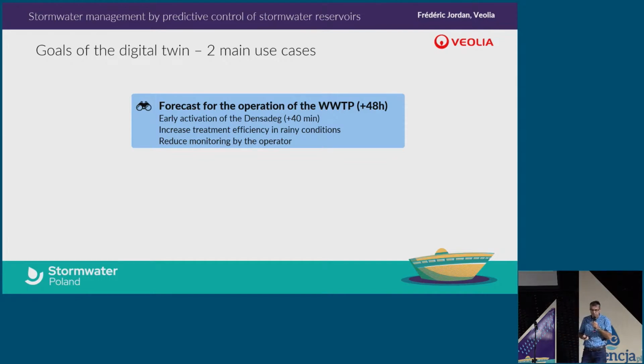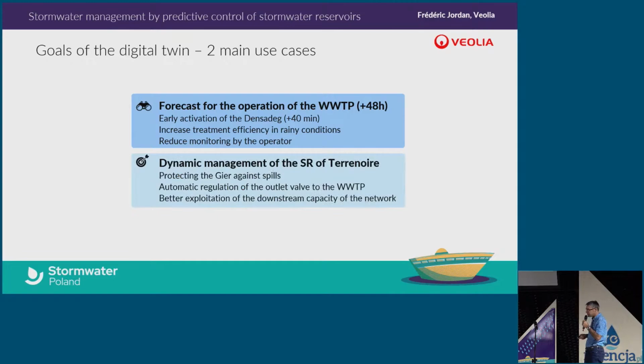And if we can do that, of course, we improve the treatment efficiency. So that's the goal. And the second objective is to optimize the total sum of spillings from the sewer system, meaning we have to reduce the sum of spillings from the retention reservoir, the combined overflows, and the entrance of the treatment plant.